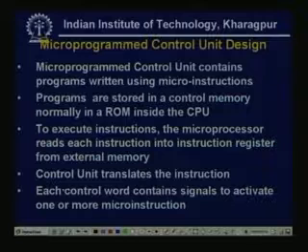Then the control unit translates the instruction. Each control word contains signals to activate one or more micro operations. After translating this instruction, the control unit activates the control signals that decide what particular operations are to be executed.